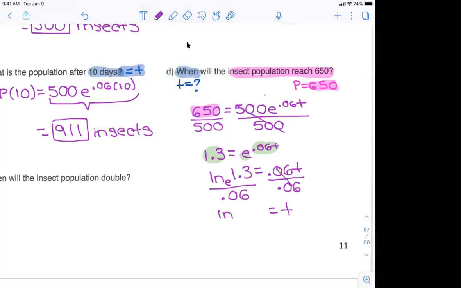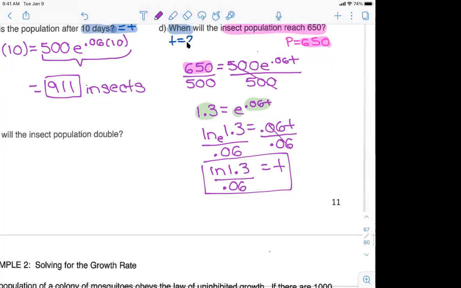So in your calculator, you type in natural log of 1.3 divided by 0.06. That's the exact answer. Because we're talking about a word problem, we put it in the calculator, and t is about 4.37 days. And that's the approximate answer.